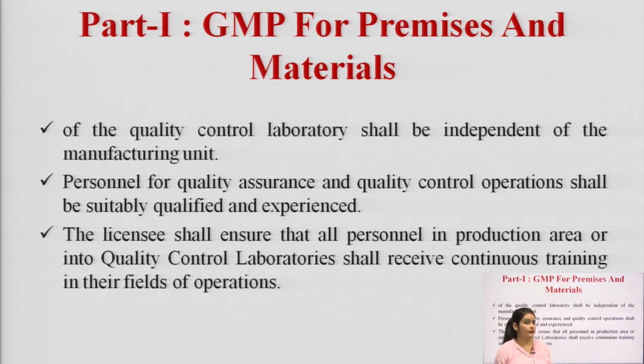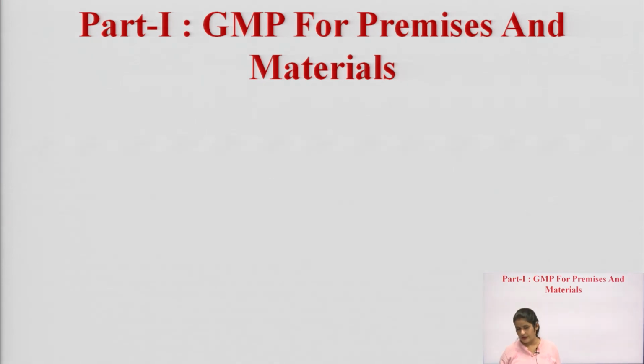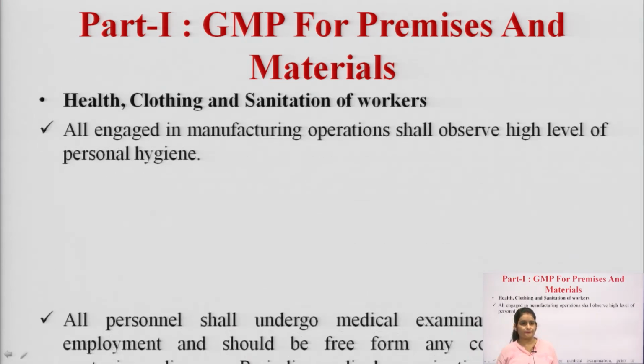Personnel working in quality assurance and quality control operations shall be suitably qualified and experienced. The licensee shall ensure that all personnel in the production area or in the quality control laboratory receive continuous training in the field of operation and manufacturing in pharmaceutical industries.